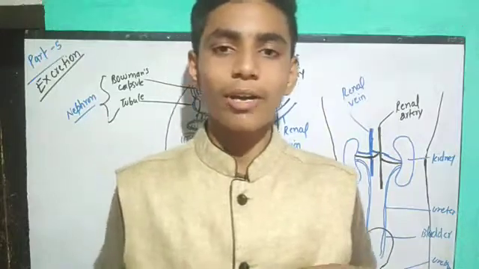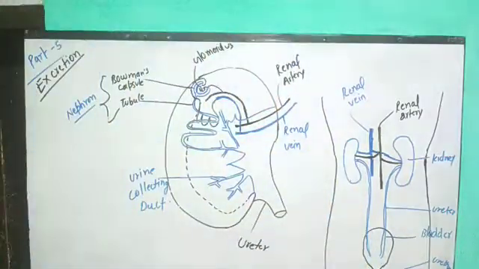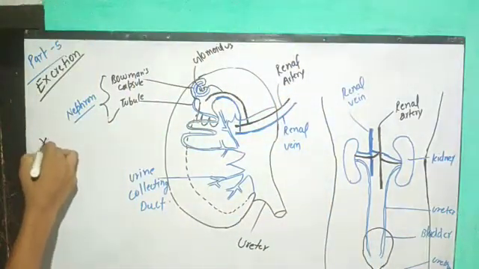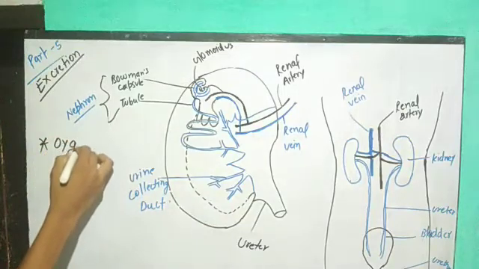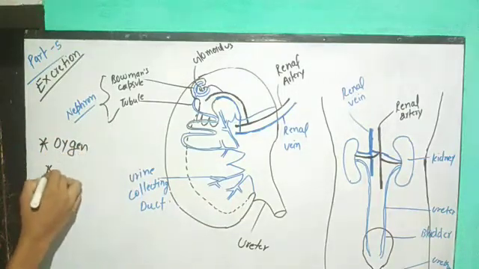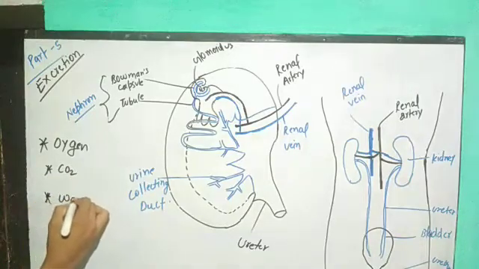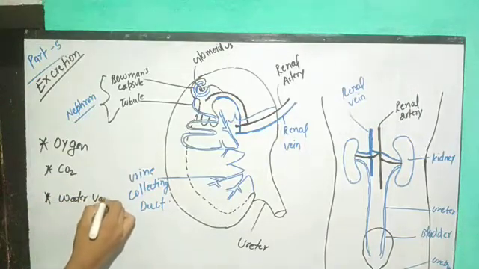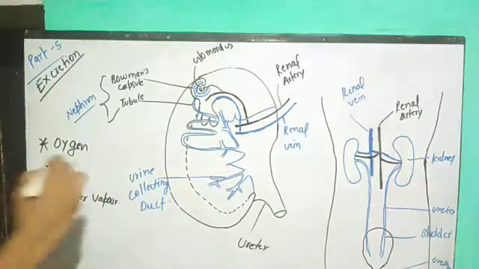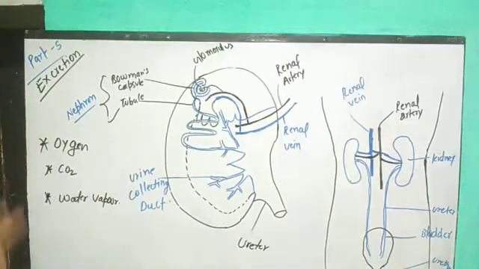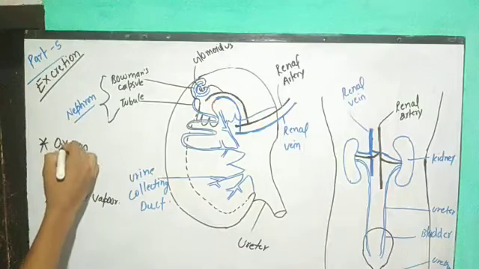Let's see them one by one. First one is oxygen, second one CO2, carbon dioxide, and third one water vapor. I will tell you the reason why they are considered waste and how they are removed.